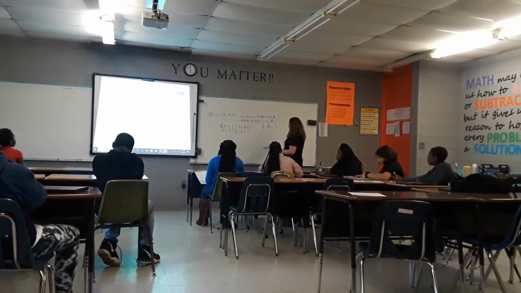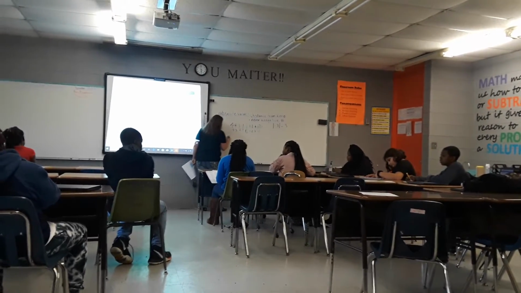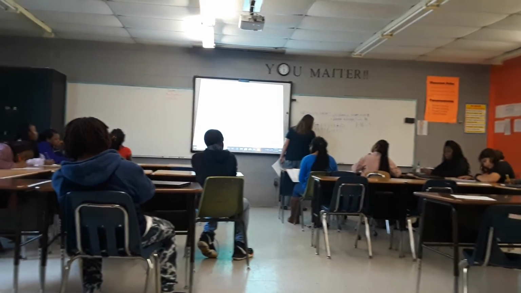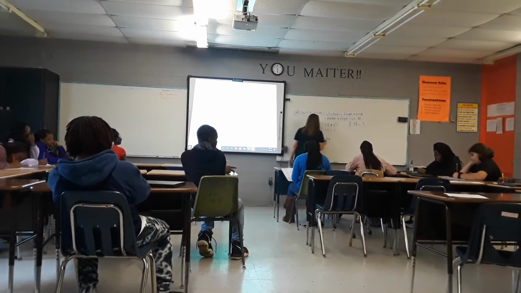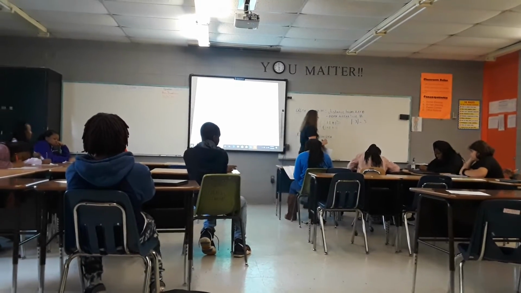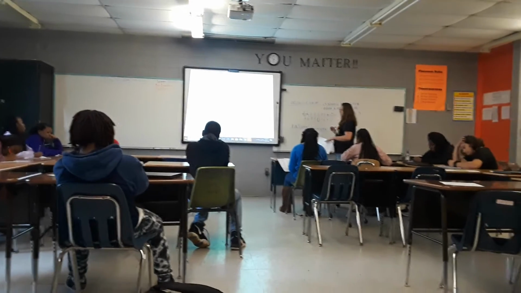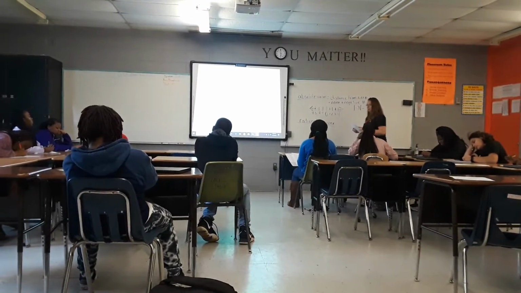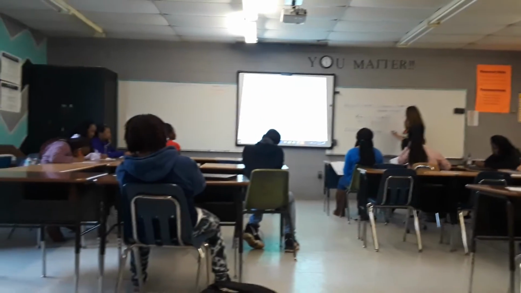Then we have to look at what a rational number is. What's a word inside rational that we've seen before? Ratio. What is a ratio? A comparison of two parts, just like a fraction.